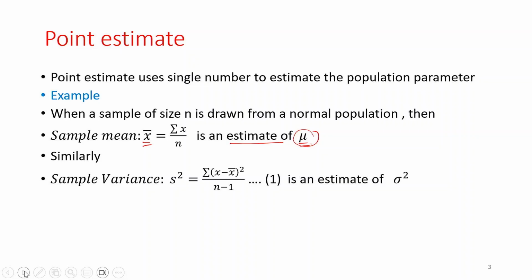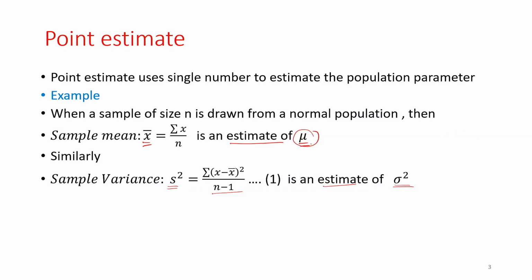Or we want to estimate the sample variance. If we take a sample, then we know how to calculate the variance of the sample, or we can say the standard deviation. Now this is the formula that you have already learnt earlier. So this variance is an estimate of population variance, sigma squared.